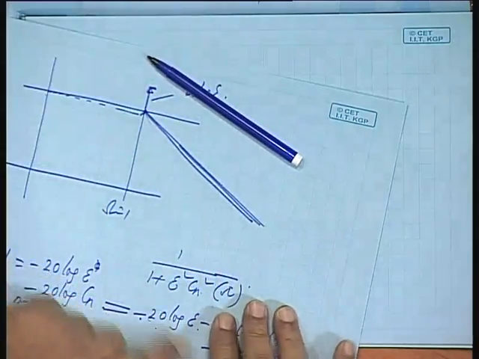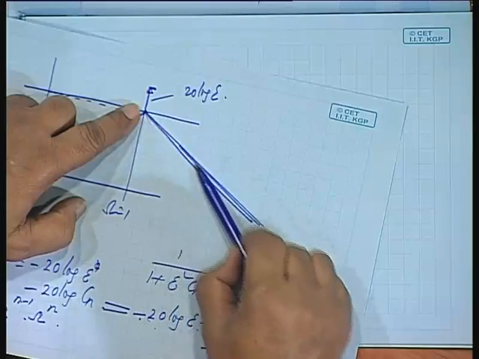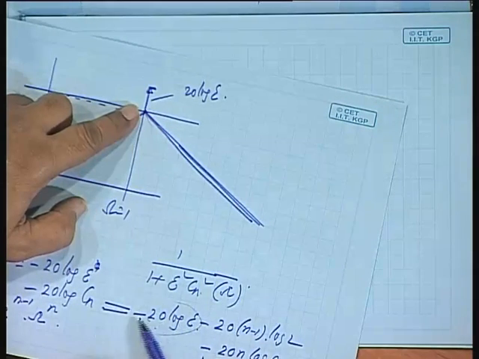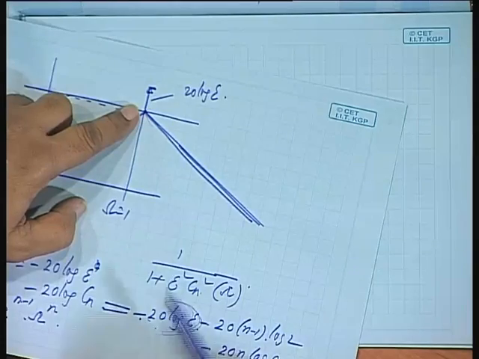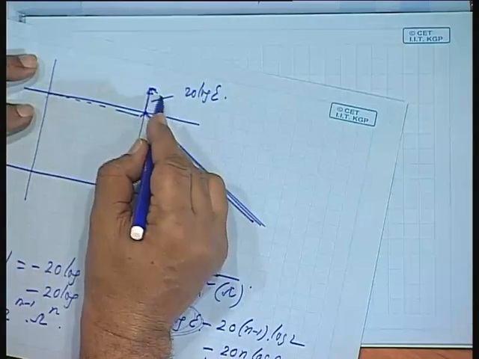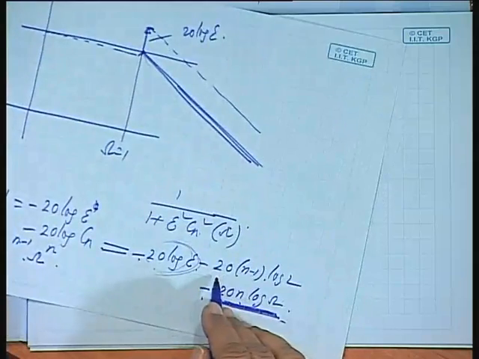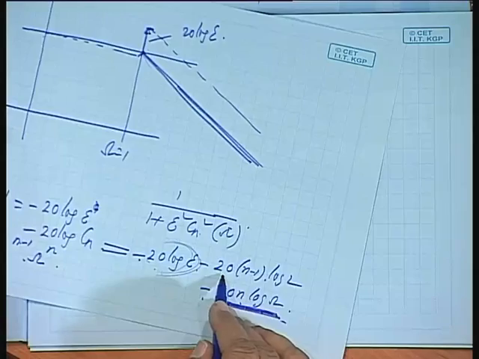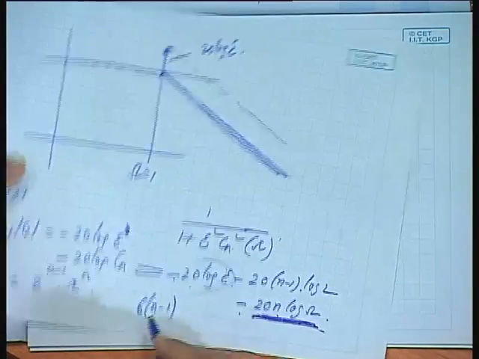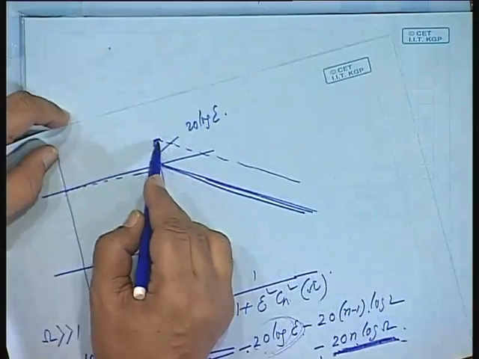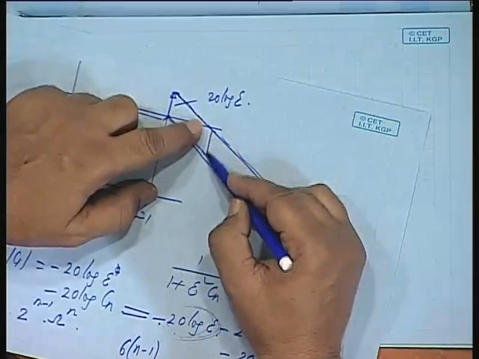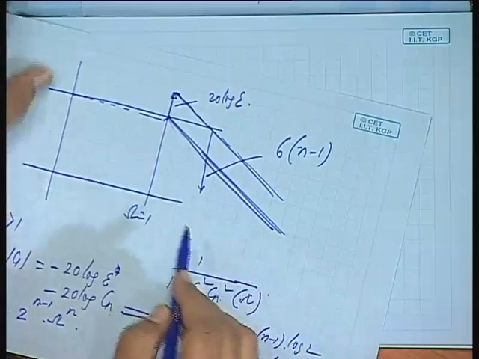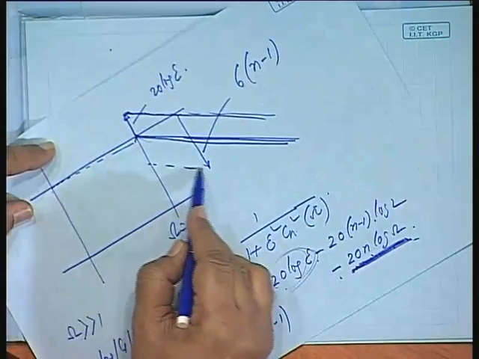If I have only this term, the 20 n dB per decade fall, minus this, which in absolute terms is a positive quantity, will be shifted up. And then 20 into n minus 1 into log of 2, which is 0.3, 0.3 into 20 gives me 6. So 6 into n minus 1. From this position, again bring it down by 6 times n minus 1 dB. So this will be the final asymptote.